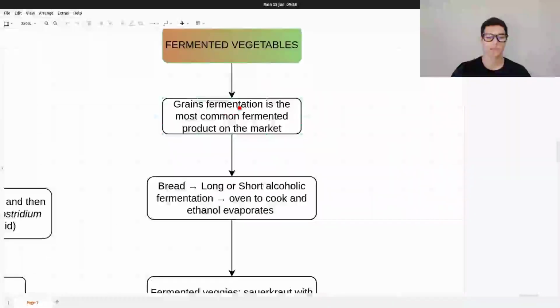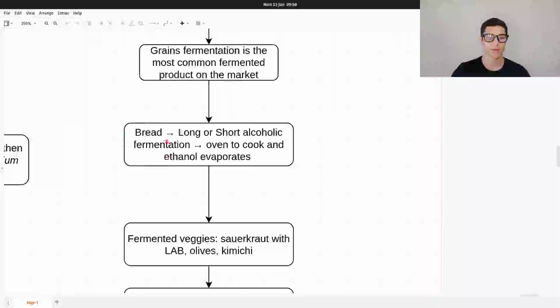The grains fermentation is the most common fermented product on the market. Why? Because everyone eats bread, and bread is a fermented product from grains. Bread can have either long or short alcoholic fermentation. Have you ever heard of long fermentation bread?